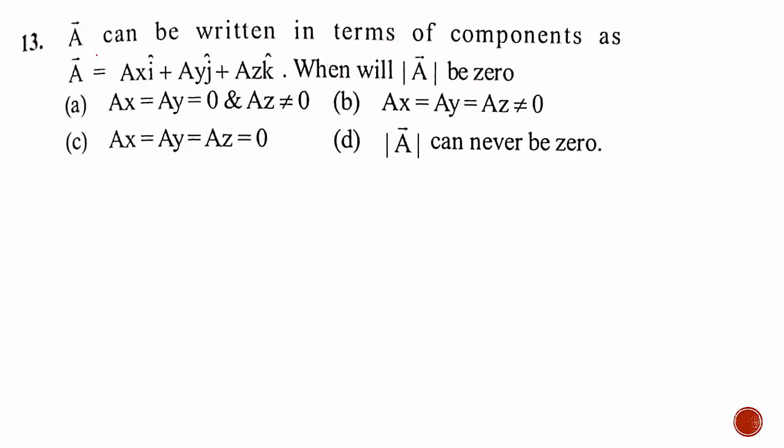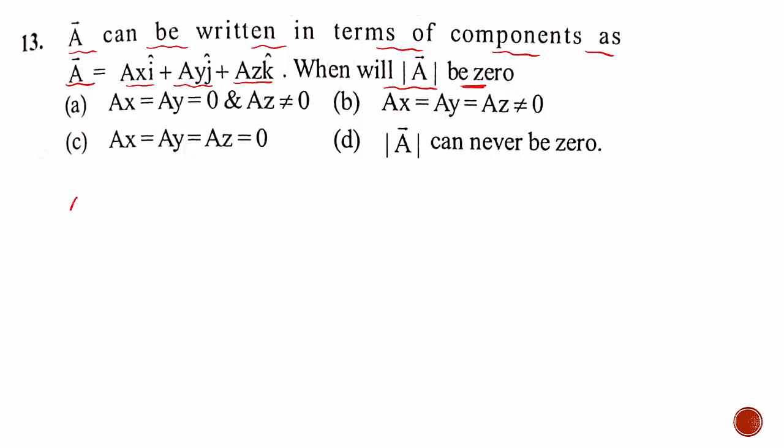13th question. Vector A can be written in terms of components as vector A equal to AX i cap plus AY j cap plus AZ k cap. When will mod A be 0? When mod A is equal to 0.